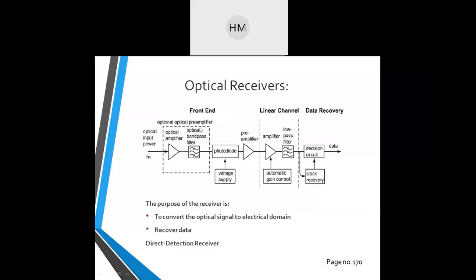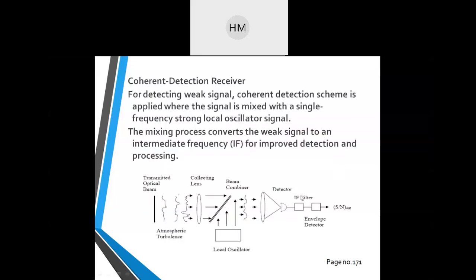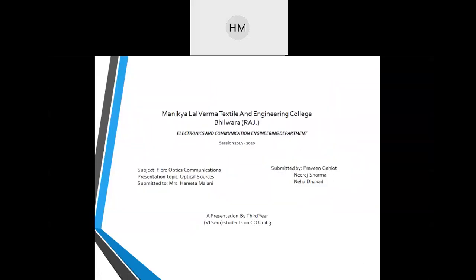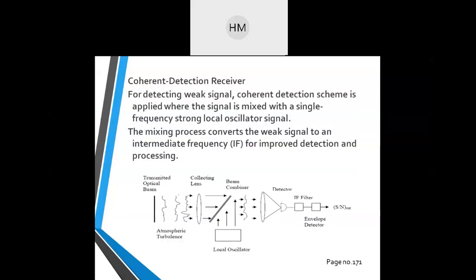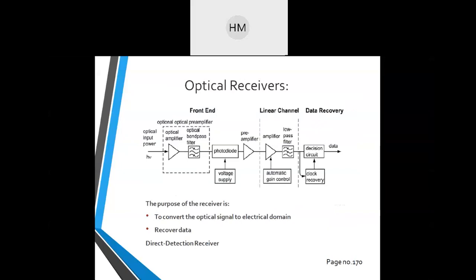This is your front end operational amplifier to amplify the input signal, optical input power, then a photodiode, preamplifiers, amplifiers, low pass filters, and decision circuit to recover the data. This is my optical receiver. You can draw this diagram also.